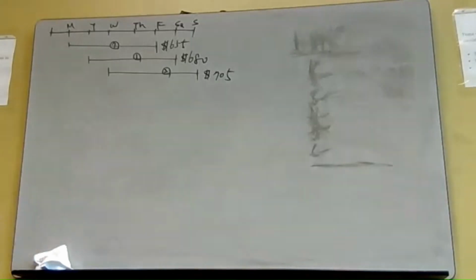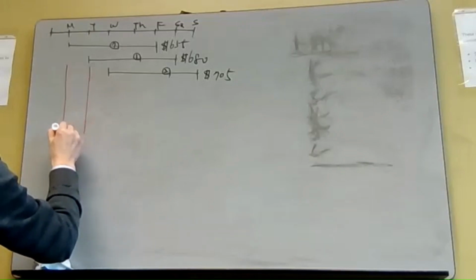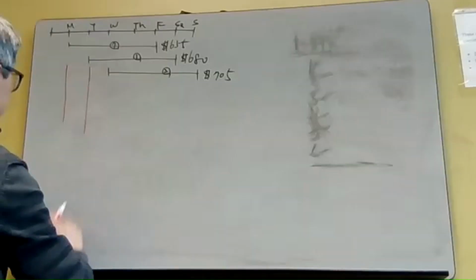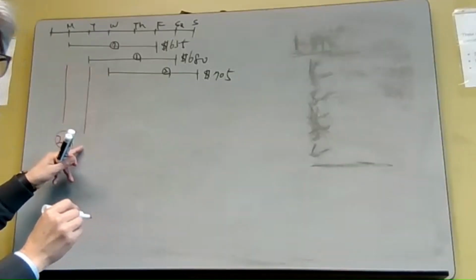Now, the thing is, how many workers do you need on Monday? 27. On Monday, 27. Tuesday, 22.